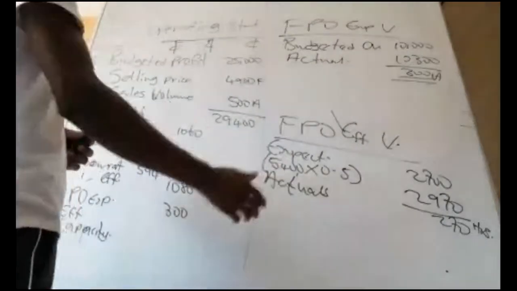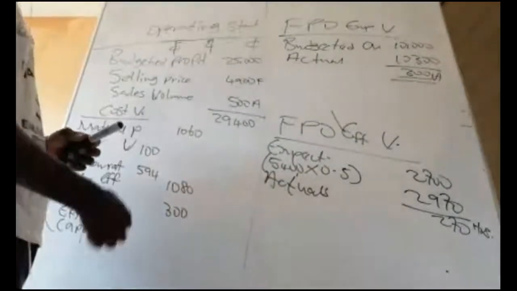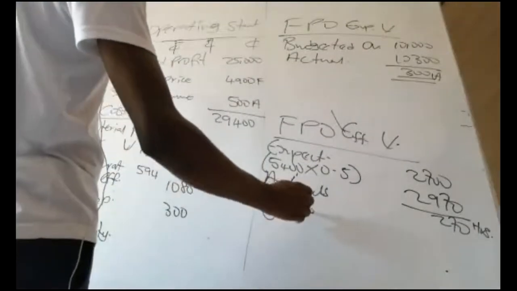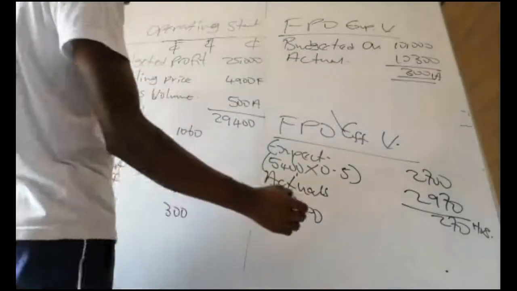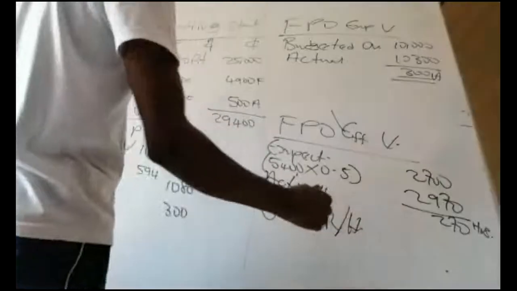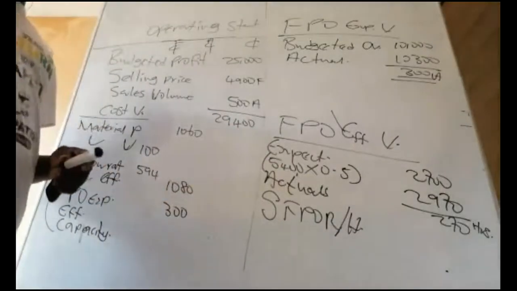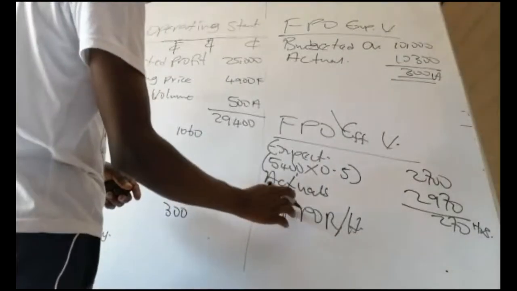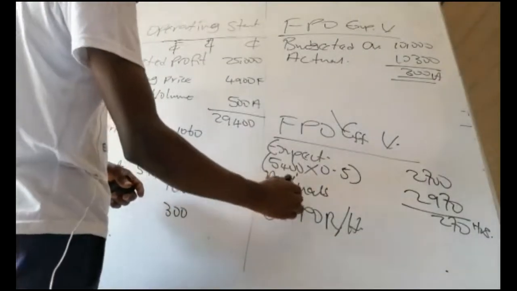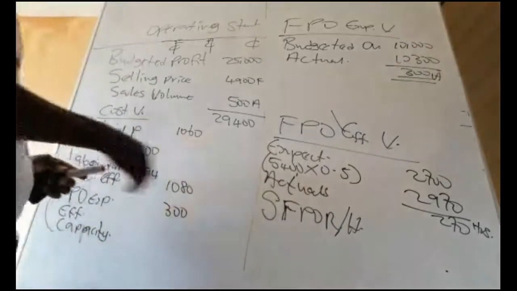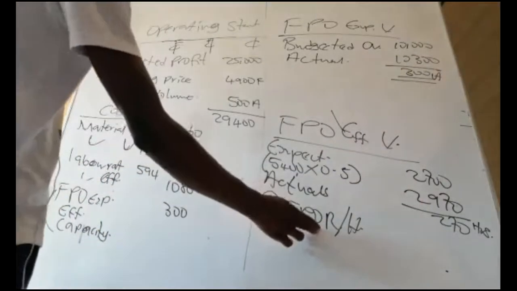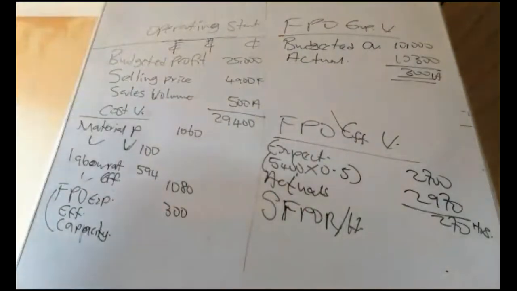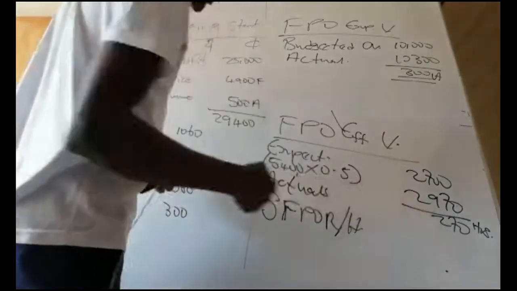You pick the standard fixed production overhead rate per hour. But under the labor, you have to pick the standard labor rate per hour. That's the only difference. Good. So the standard fixed production overhead rate per hour, not per unit, per hour, because these ones are in hours.